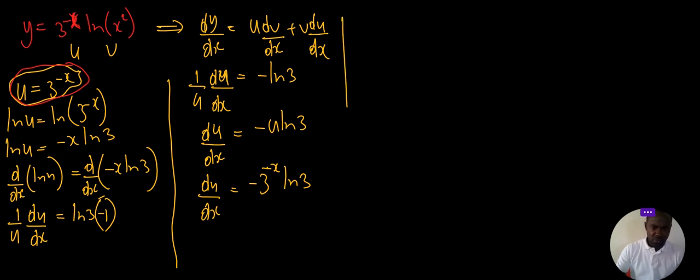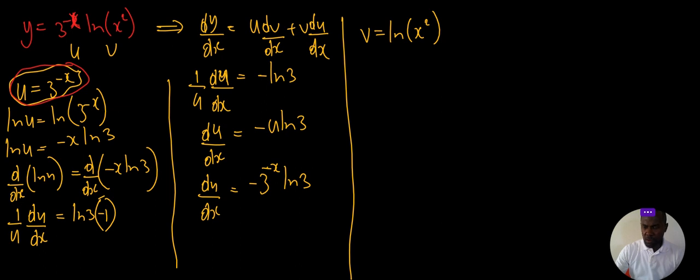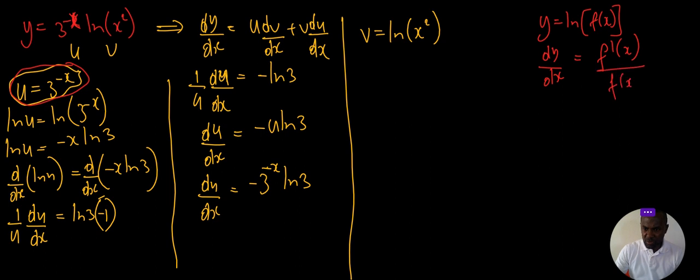So of course, now we need to work out the derivative of v. Say that v is equal to the natural log of x squared. Now, if you recall, whenever we have y equals the natural log of some function f of x, then dy by dx is simply going to be the derivative of the function divided by the function itself.